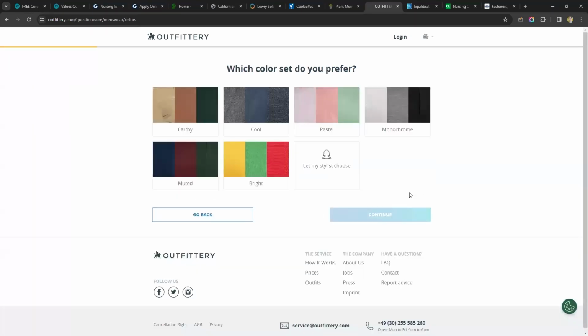My point being here, in all of these things, and I love this, let a stylist choose. In all of these, if you're going to continue, tell me that customizing my Outfittery is all about going through a very simple process where we guide you step by step.